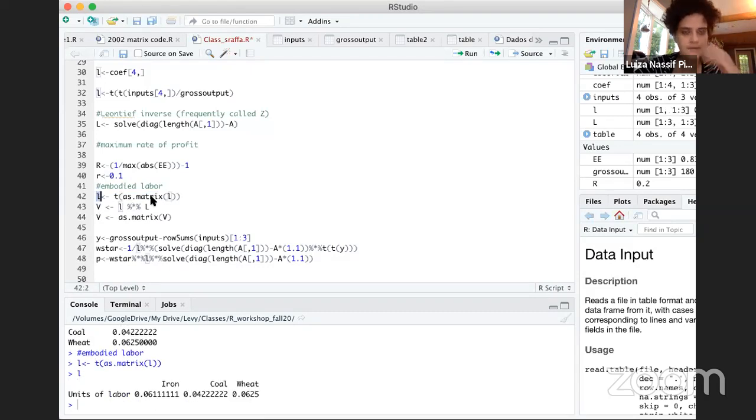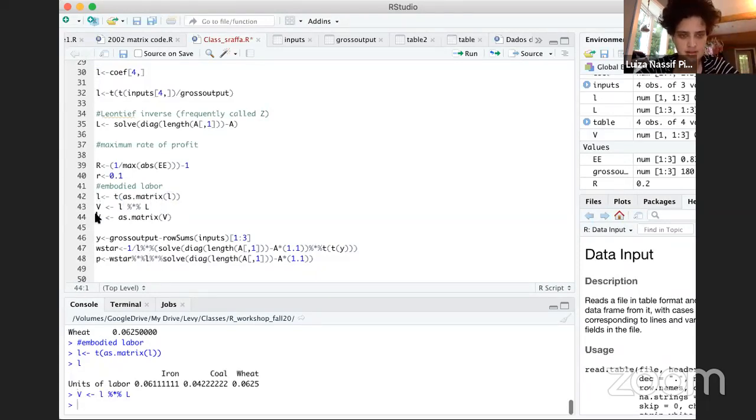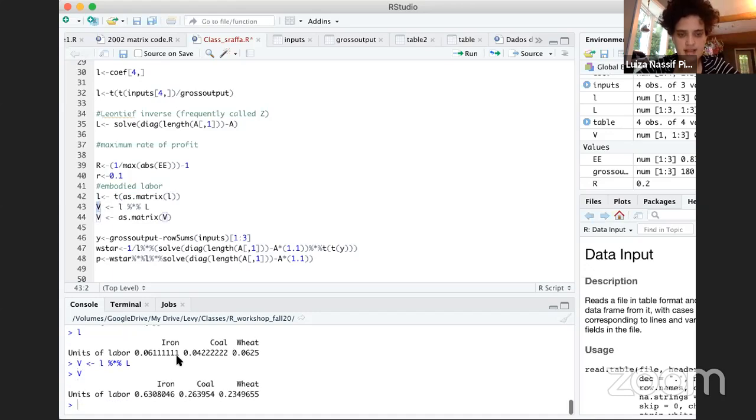Yeah, you actually want to have your vector as a row vector, otherwise you have non-conformable arrays. So I'm going to be multiplying my labor coefficients by the Leontief. And that's going to give me the total amount of labor that goes into the increase in the production of iron, coal, and wheat when you take into account directly and indirectly.